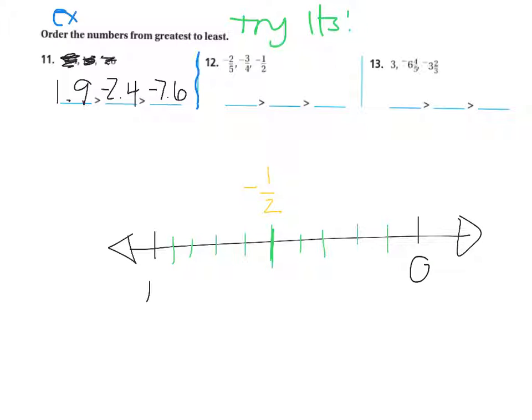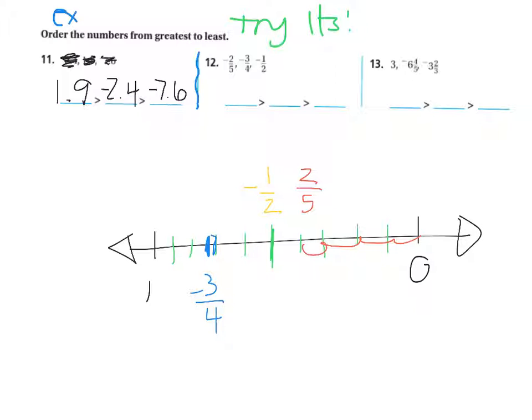Okay? Negative 3/4 is going to be right about here, right about there. Negative 3/4. And if I split this into 2/5, so 2/5 is the same as 4/10. And since it's already split into tenths, I can go 1, 2, 3, 4/10, which is also 2/5.